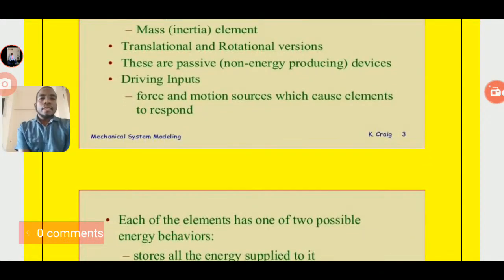In translational and rotational versions, these are passive, non-energy producing elements. When we say passive, they can't produce energy, but they are users of energy. So the basic three elements are known as passive element devices, or non-energy producing devices.